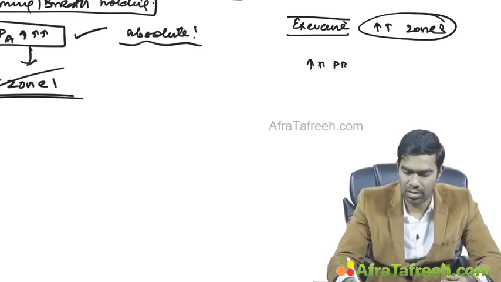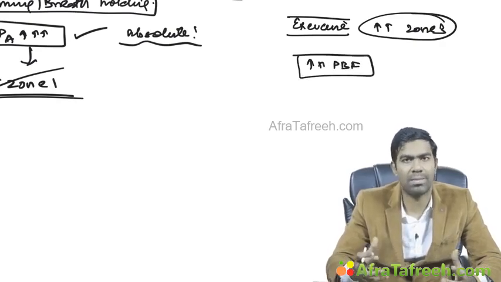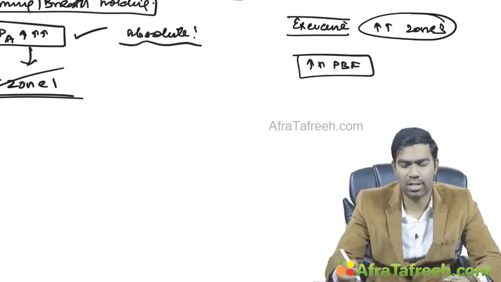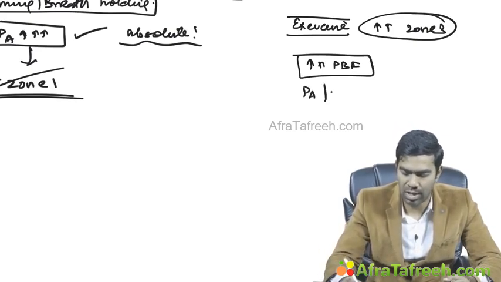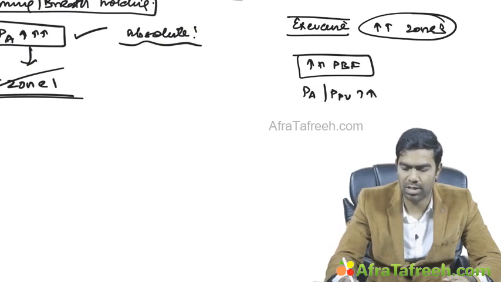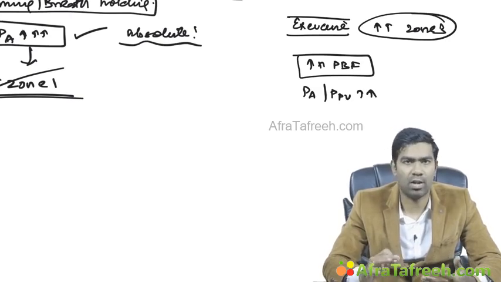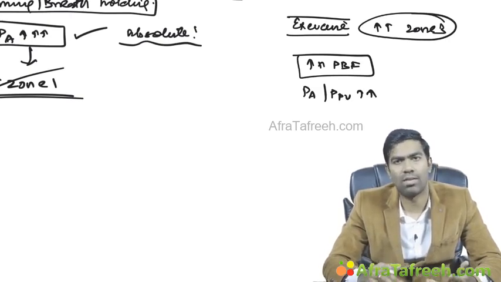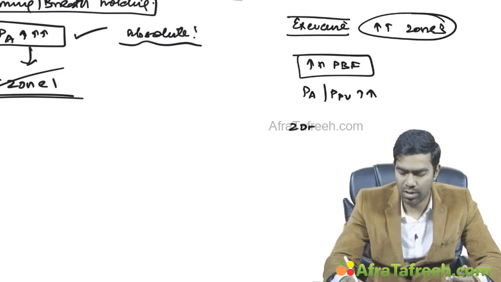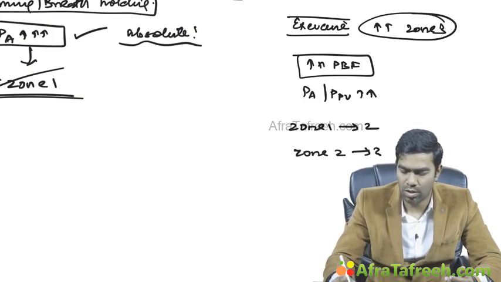Similarly, in exercise I'm trying to increase zone 3, because exercise typically increases the pulmonary blood flow because of hyperdynamic circulation. Once the pulmonary blood flow increases, the pulmonary artery and pulmonary venous pressures start increasing, which is the feature of the lower zones of the lung. It might take over your alveolar pressures so that you convert zone 1 to zone 2 and zone 2 to zone 3.